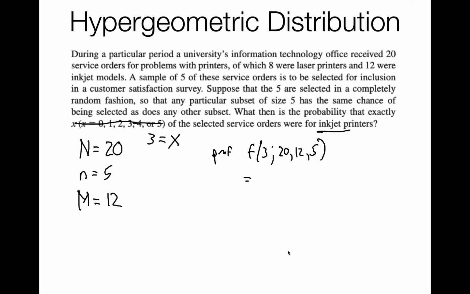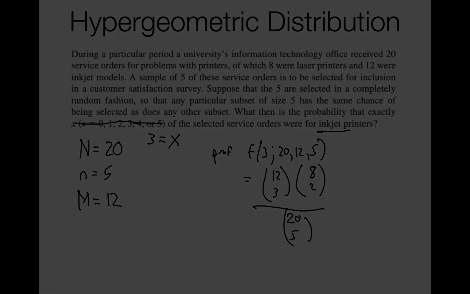It's a lot of chooses, so it's 12 choose 3 times 8 choose 2 over 20 choose 5. And so you'd have to do all the chooses, multiply together, all that good stuff.